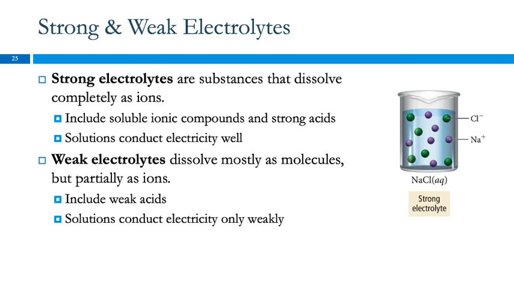So strong electrolytes dissolve completely as ions. There are no molecules left, just all ions. So strong electrolytes would be the soluble ionic compounds and the strong acids. And I'll tell you which ones those are in a minute.